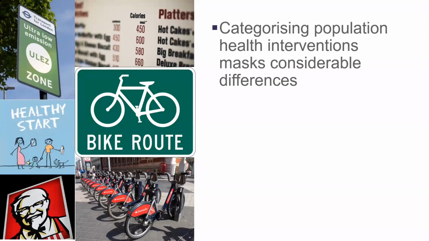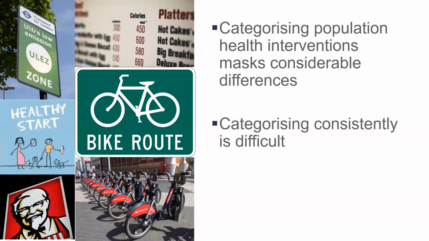So you can see examples of road user charging, calorie labels on menus, monetary vouchers for fruit and vegetables for welfare recipients, advertising restrictions, or new cycle lanes. If we were to try and categorize these into these two high or low agency categories, doing that consistently between researchers and users is, well, I think nearly impossible.